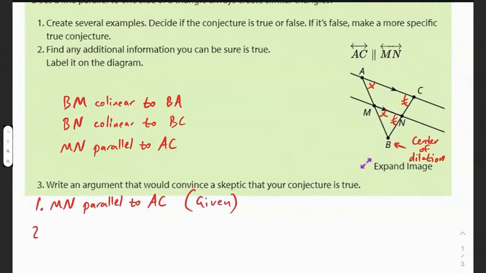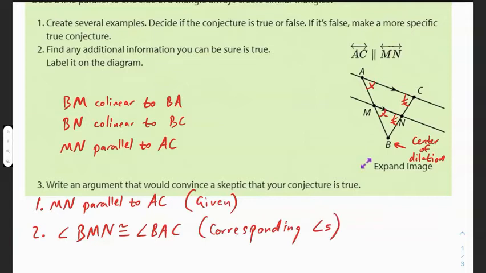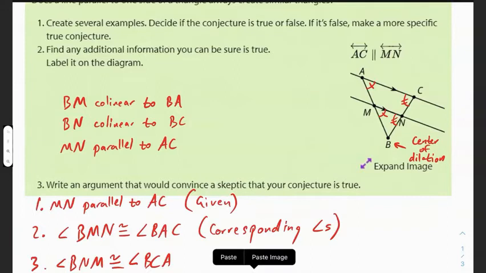Two, we know that angle BMN is congruent to angle BAC because, again, those are corresponding angles. You could say the same exact thing about angle BNM being congruent to angle BCA for the same exact reason.